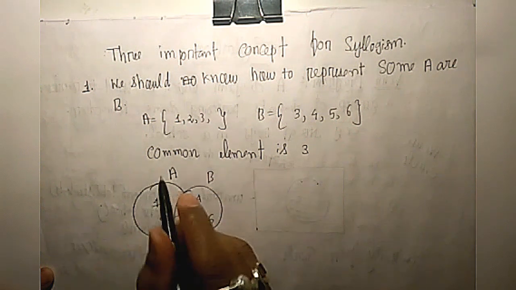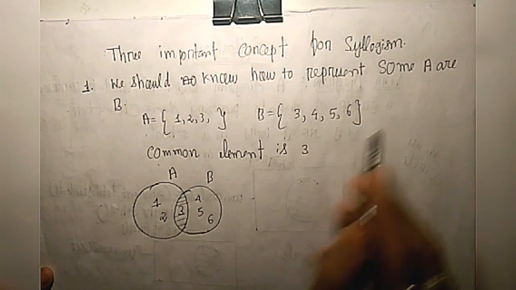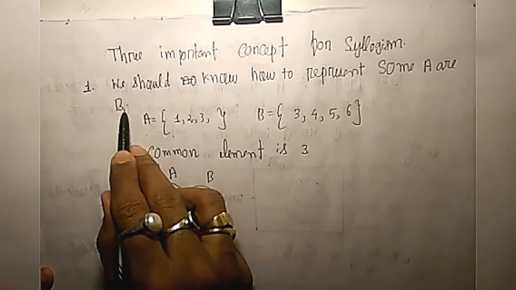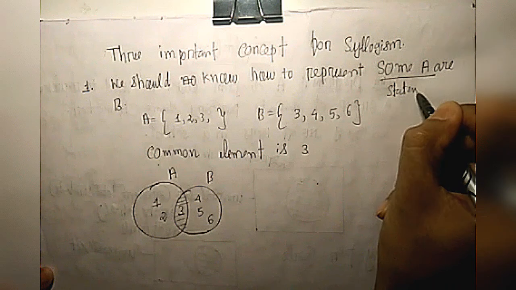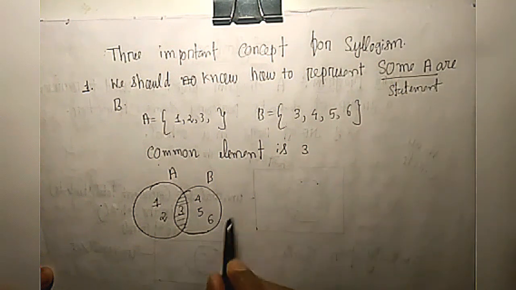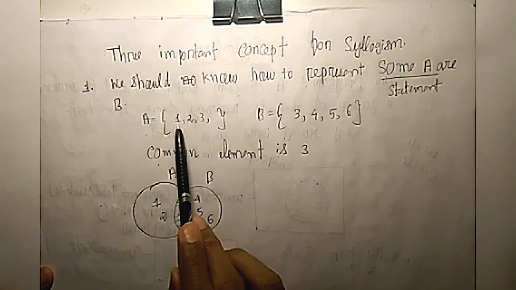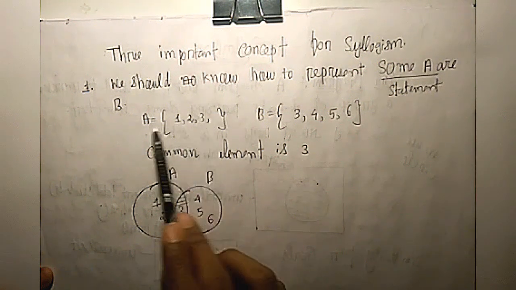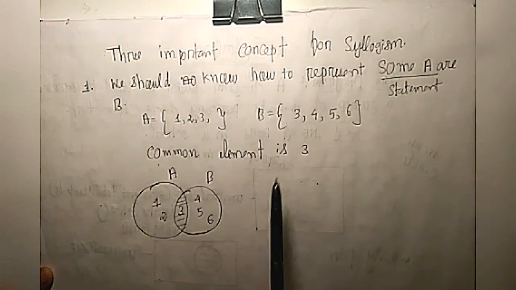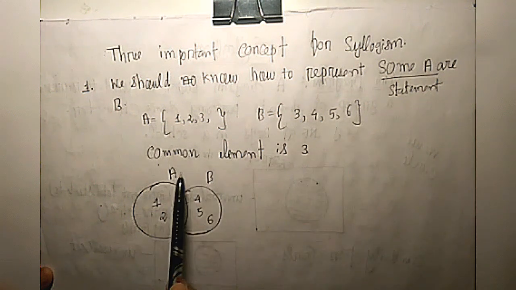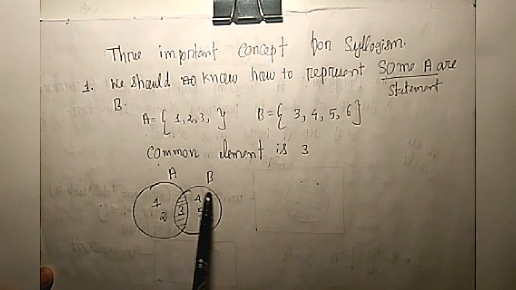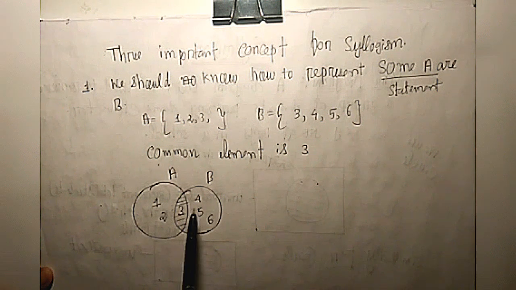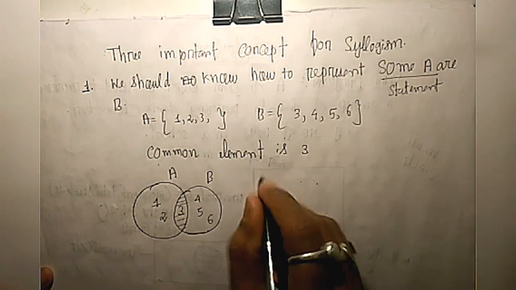So it means "Some A are B": some element of A is also an element of B. This is the statement, "Some A are B". Inversely we can say that some element of B is also an element of A, because from the diagram we can easily identify that some part of B also lies in A.